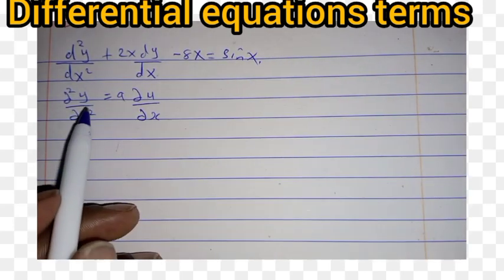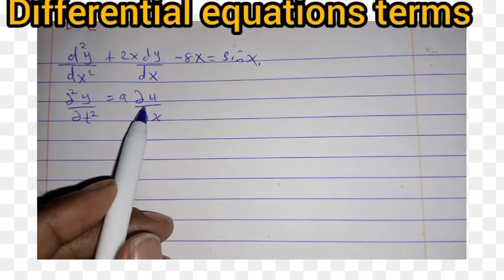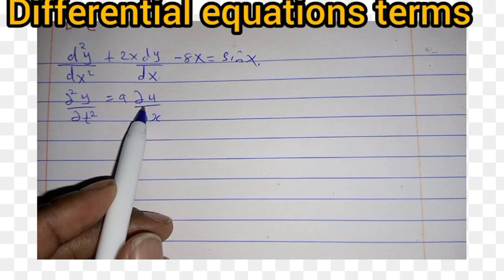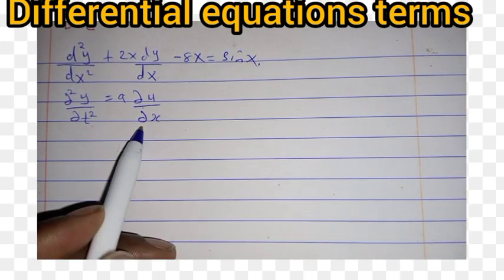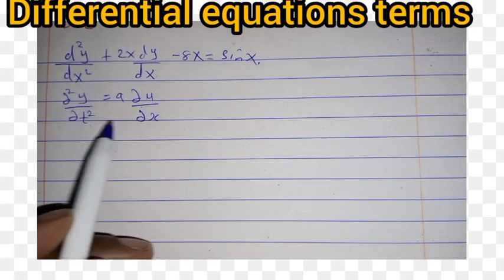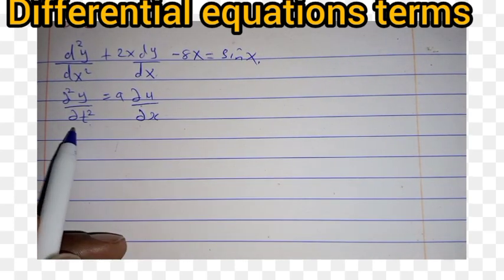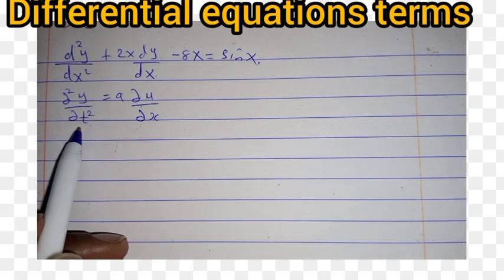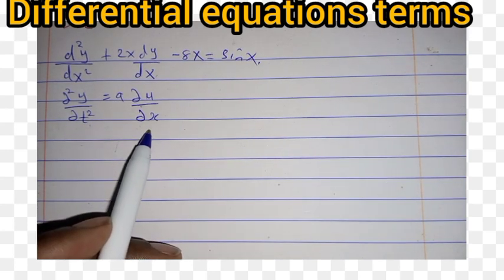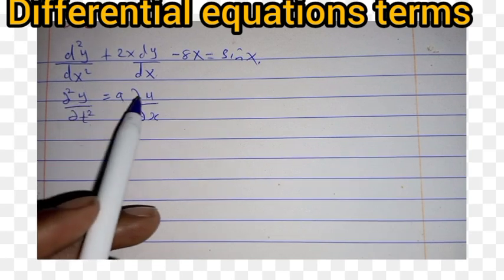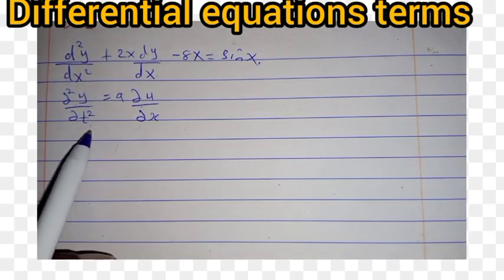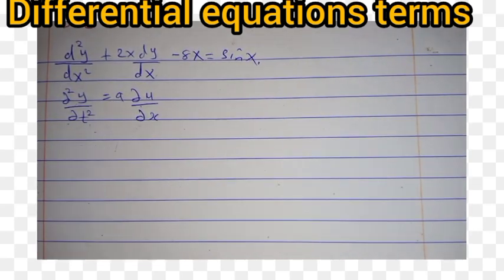In this case, y and u are dependent variables, and t and x are the independent variables. So you can see in this example that the independent variables are 2 and the dependent variables are 2. Y and u depend on t and x respectively.